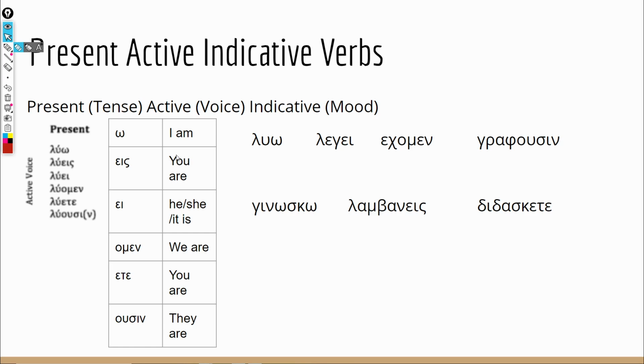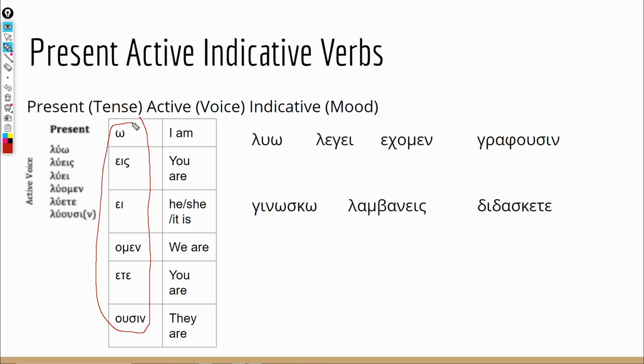Yes. So, this is kind of grainy. I apologize. I did a bit of a photocopy from one of my textbooks. However, this is present, active, indicative verbs. So this chart will show you everything on this side.